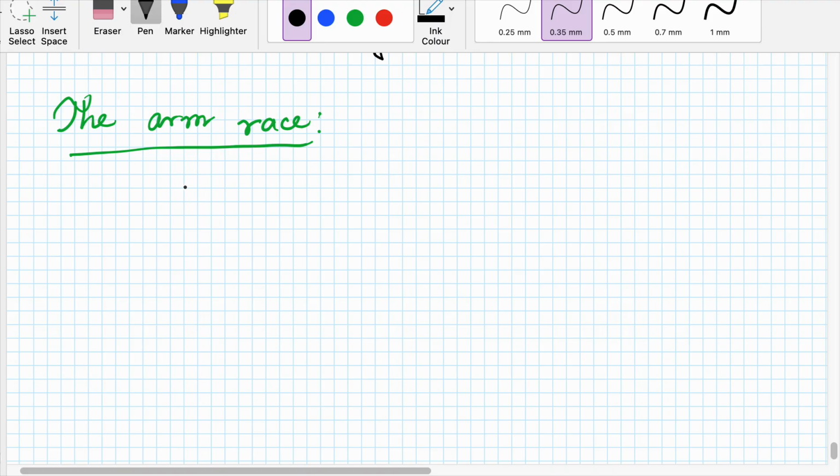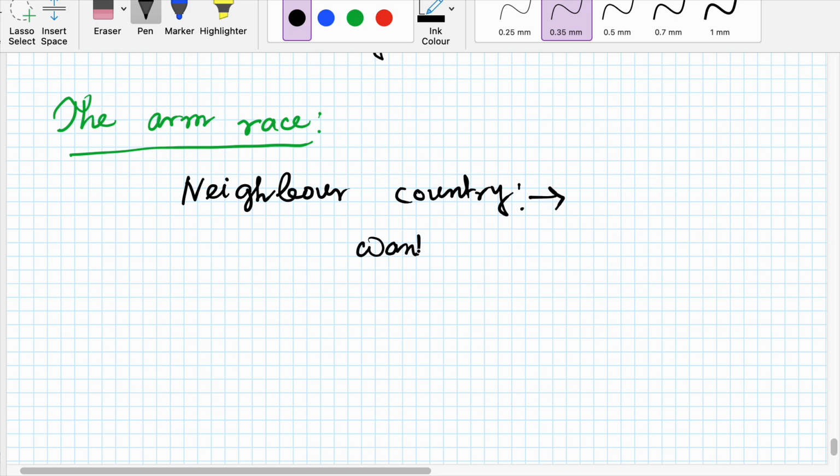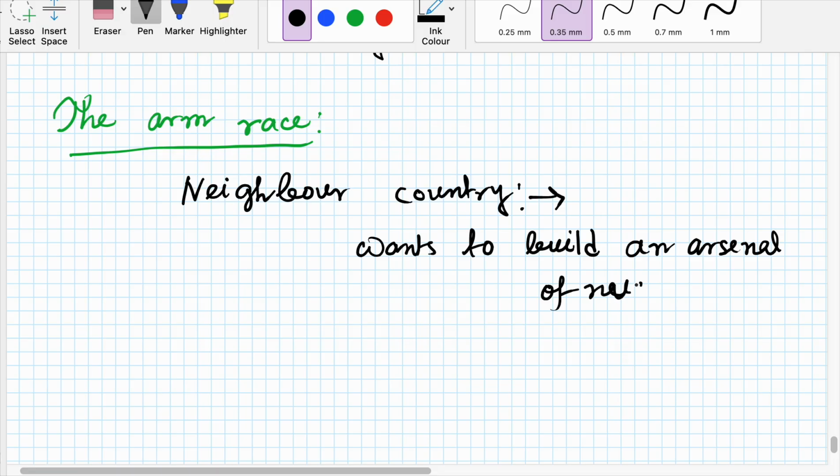So there are two neighboring countries, and everyone wants to build an arsenal of nuclear bombs.